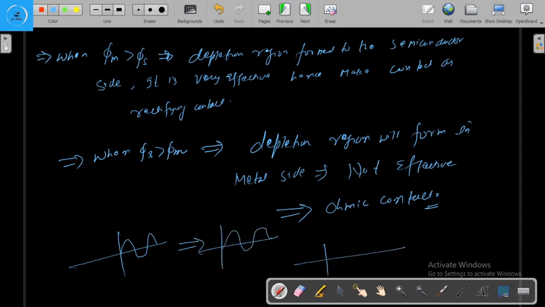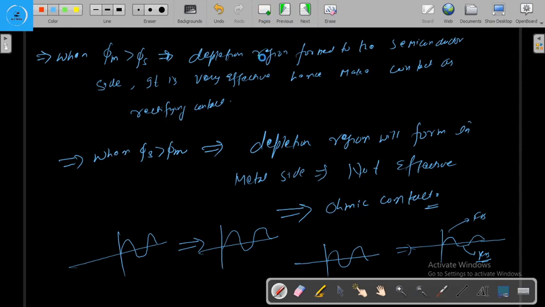But in the rectifying contact, when we apply the voltage like this, we get output voltage only for the positive half cycle, or only for the forward bias, and we do not get any output voltage for the negative bias, or the reverse bias.